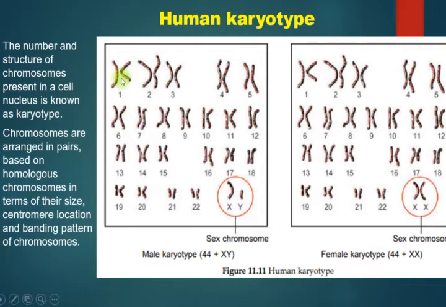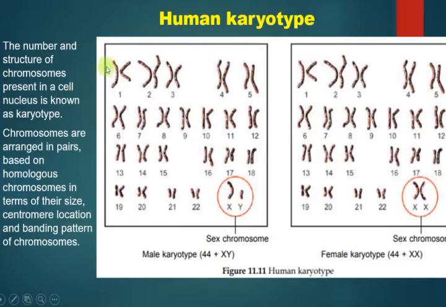Okay, so in the karyotype, chromosomes are arranged in pairs. What can we see here? There are 23 pairs of chromosomes. 22 pairs are homologous chromosomes, arranged based on their size, centromere location, and also banding pattern.